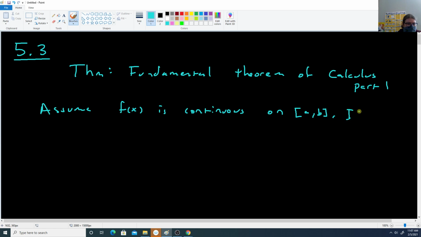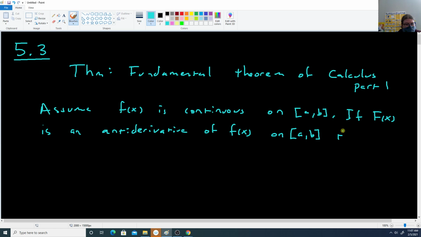And we'll say if capital F of x is an antiderivative of little f of x on a to b, then we get the following thing happening. The definite integral from a to b of little f of x dx is going to equal F of b minus F of a.